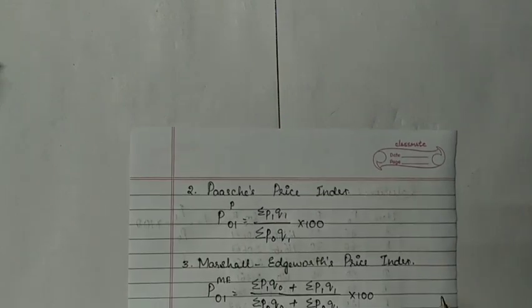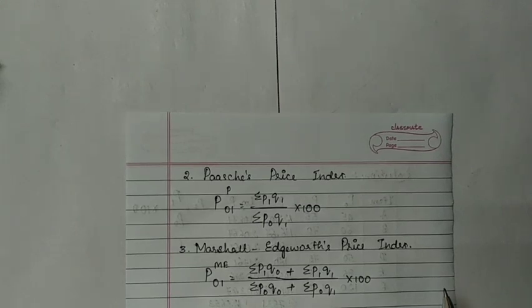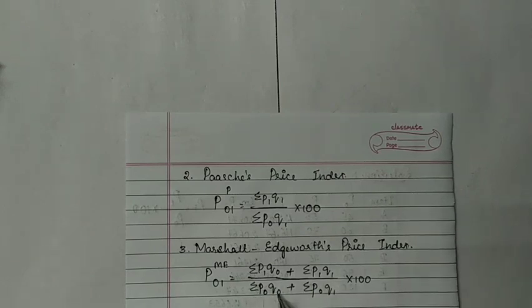And our third formula is Marshall and Edgeworth's price index. So P01 of ME is equal to summation of P1 Q0 plus summation P1 Q1 divided by summation P0 Q0 plus summation P0 Q1 multiplied by 100.